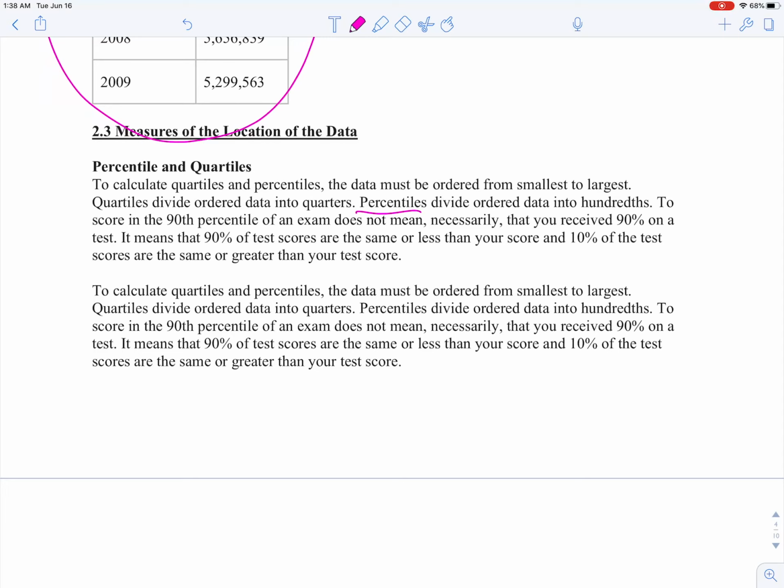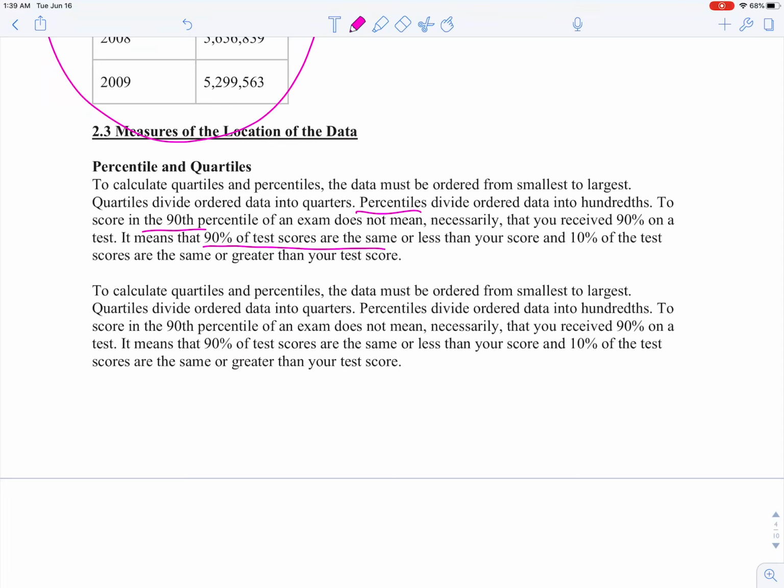So percentiles are something you've seen in school before, right? When you take any type of standardized testing, SAT or standardized school testing, they'll tell you your percentile rank, right? So let's say they said your score here, and this is the example here. If your score is in the 90th percentile, it doesn't mean you got a 90% on the test.